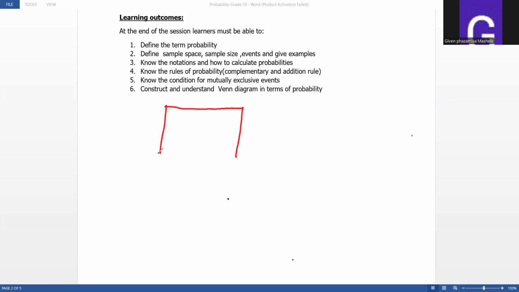This is just a sample space, let's call it S. In this sample space, if you want to represent this as a probability, if we have an event here, I'll just call this event A.